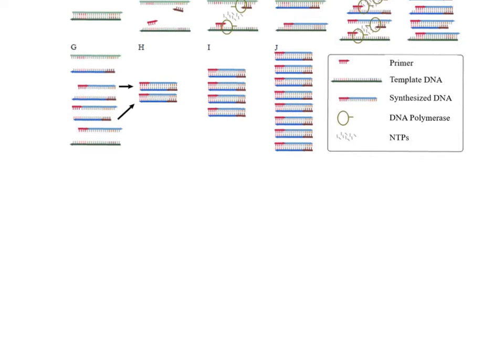So now that brings us to a real game changer in the field of genetic engineering and molecular biology, and that is polymerase chain reaction. It has found use in making site-directed mutants, which I'll talk about later.